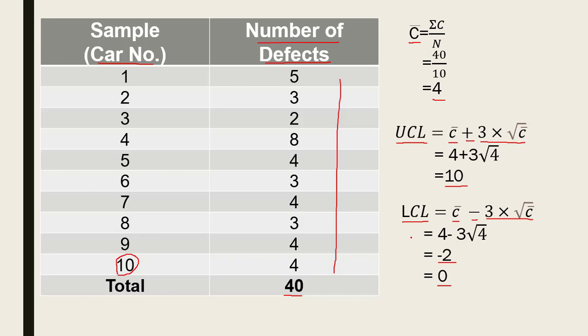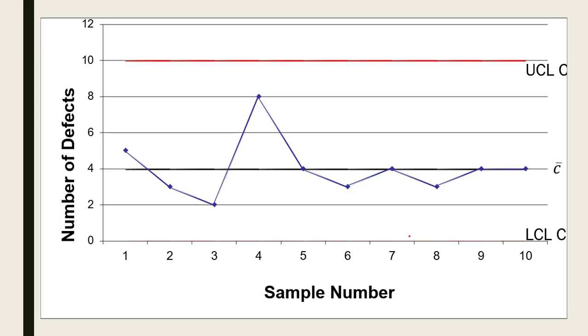Now we can draw a C chart from these two columns and from these three values of C bar, upper control limit and lower control limit. To draw the C chart, we first put the sample number on the x-axis and the number of defects on the y-axis.